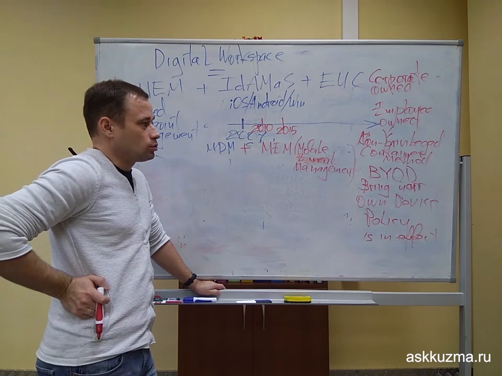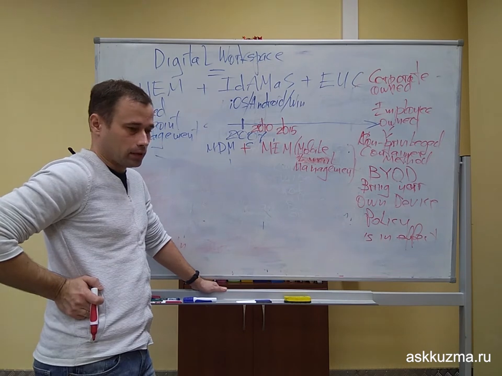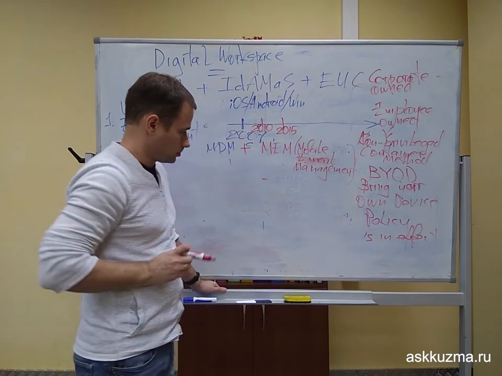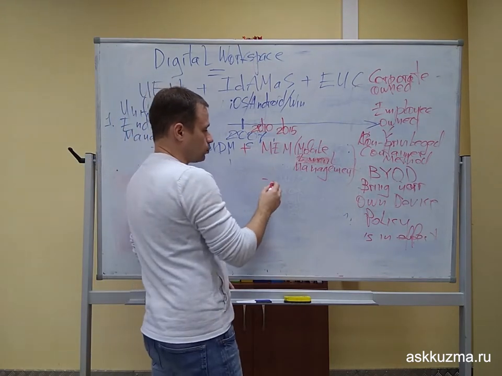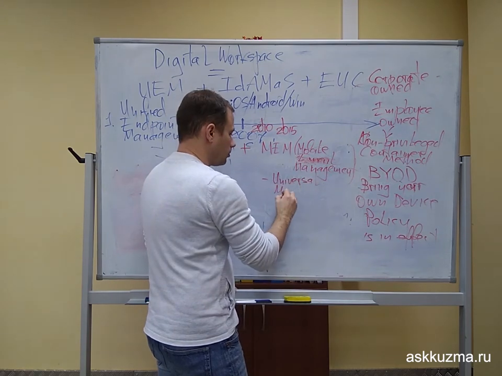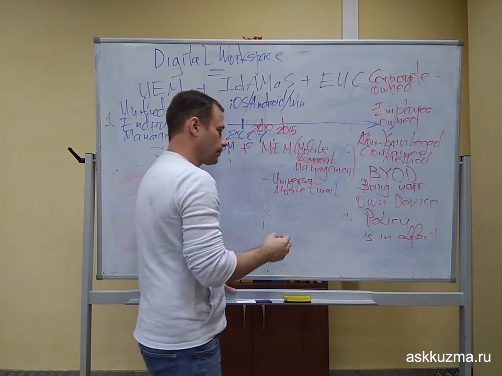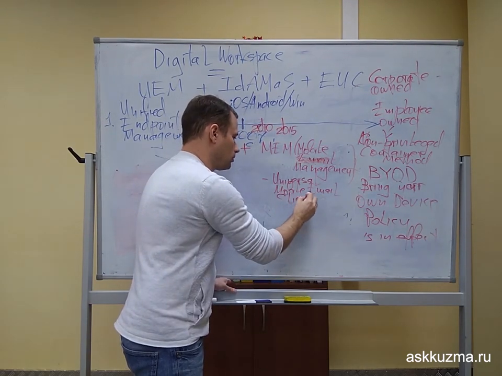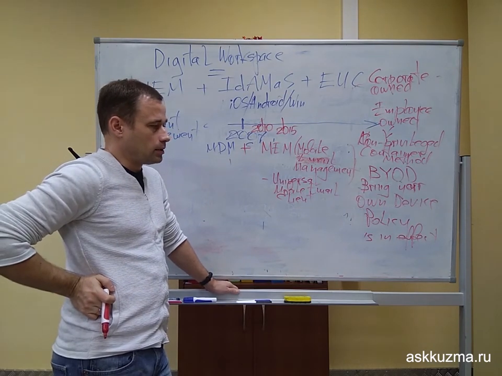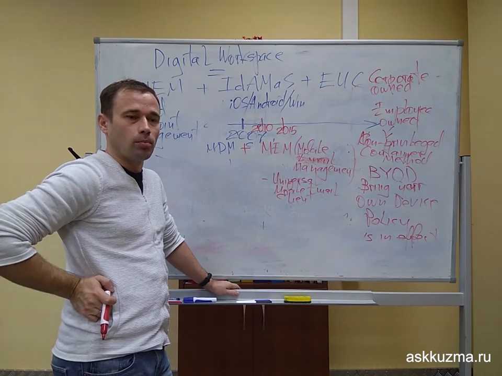So what does it mean to manage the mobile email? First of all, it means that we need a universal mobile email client that looks and behaves similar, if not identical, on each and every major mobile platform.